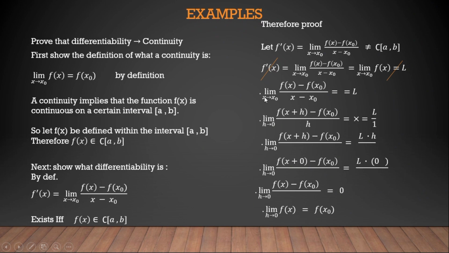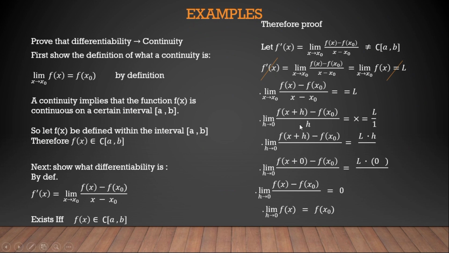Great. So now we say this guy here, and then we say the limit as h approaches 0. Remember, I told you that this guy and this guy are practically the same thing. So the limit as h approaches 0 of f of x plus h minus f of x naught divided by h, multiplied by the limit, right?